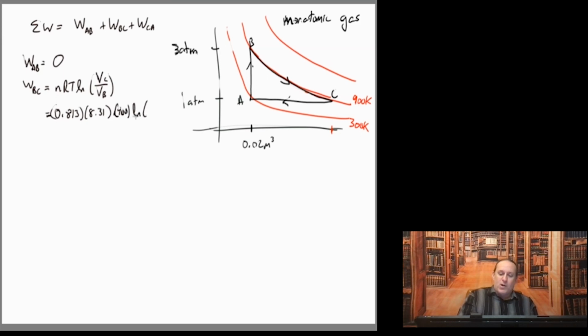Then we have the natural log of VC. Our VC was 0.06 cubic meters over 0.02. That's basically just the natural log of 3. I get 6,677 joules.